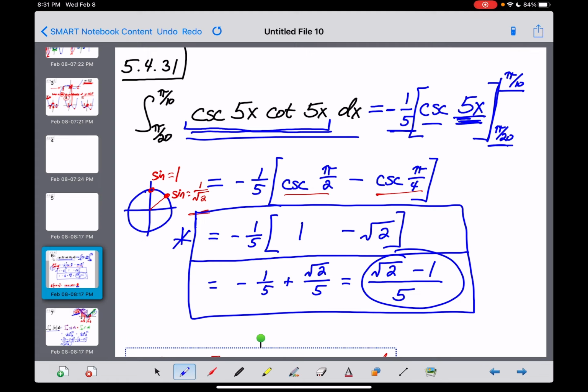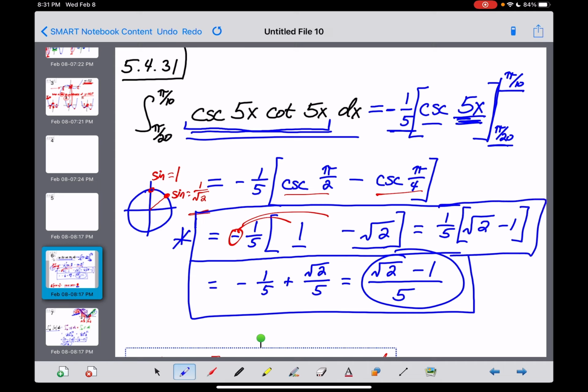The exception is they distributed just the negative inside, so they wrote a positive 1/5, and then in brackets a negative 1 plus root 2, which they flipped around and wrote as root 2 minus 1. So I guess that's a fourth version of this answer that could have been right. I still think this one is the prettiest. That's the answer they came up with.